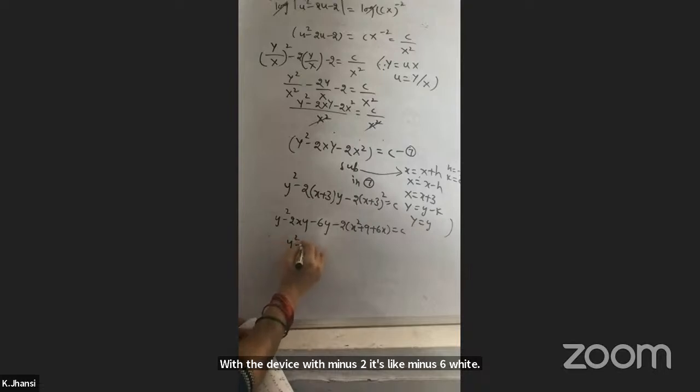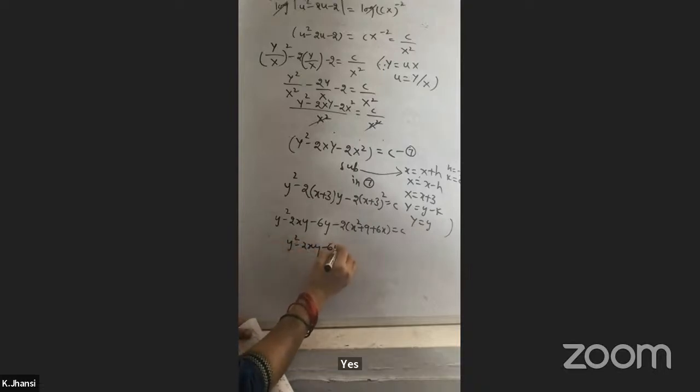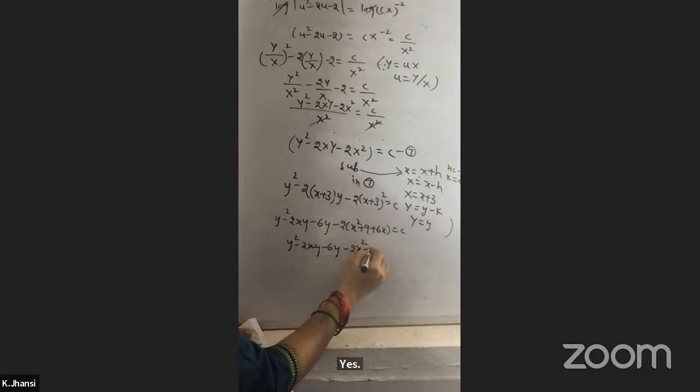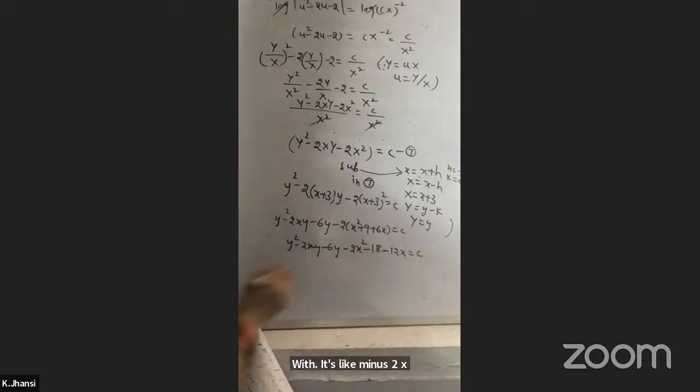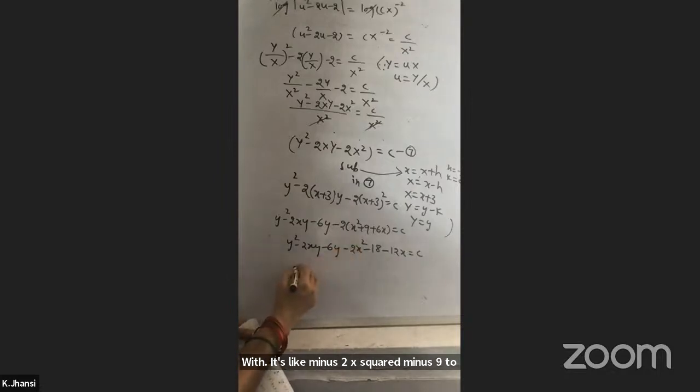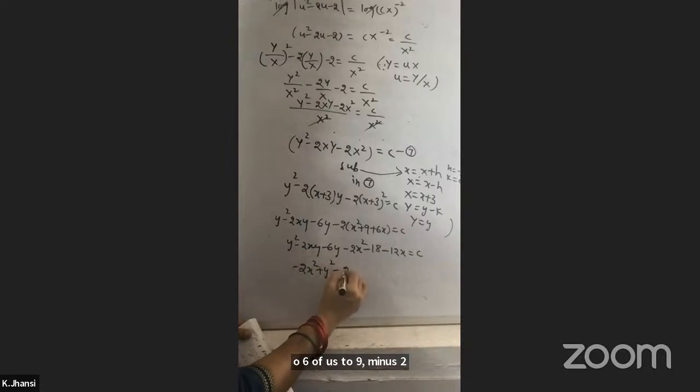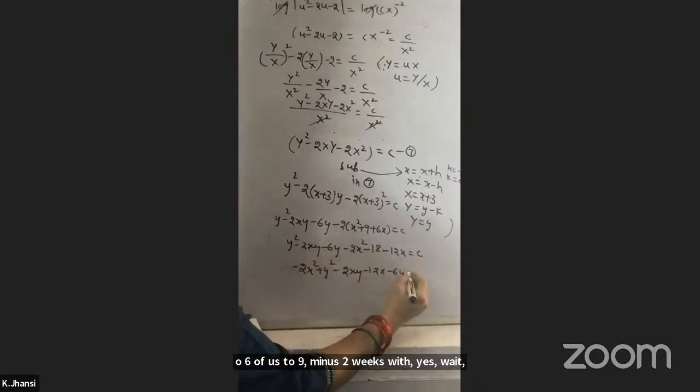So that is y square minus 2xy minus 6y minus 2x square minus 18 minus 12x equals 6. So first write minus 2x square plus y square minus 2xy minus 12x minus 6y, and the constant term is minus 18, equals 6.